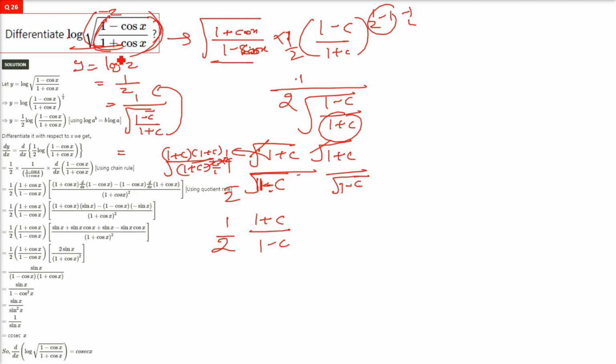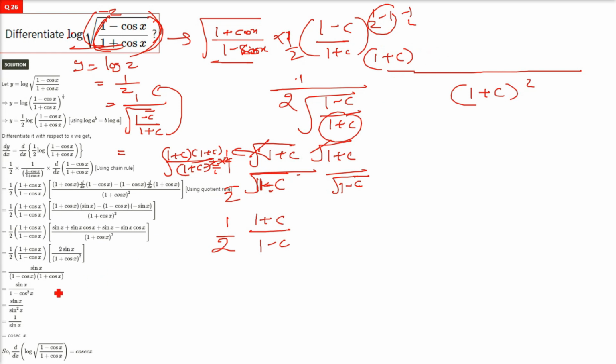Now you have to differentiate 1 minus cos theta by 1 plus cos theta. This also you have to do. So we will apply the quotient rule, QR. We have 1 plus cos theta in the denominator, and then differentiation of 1 minus cos theta.